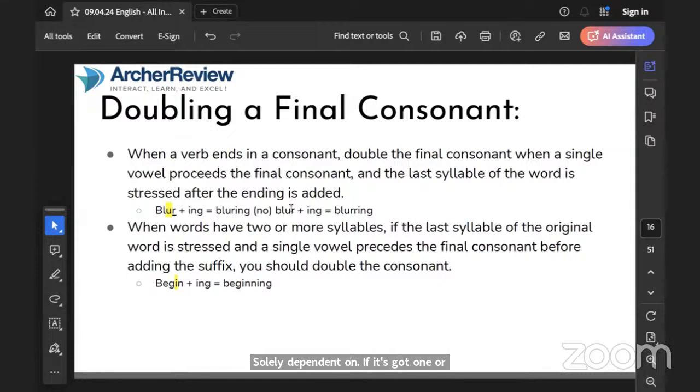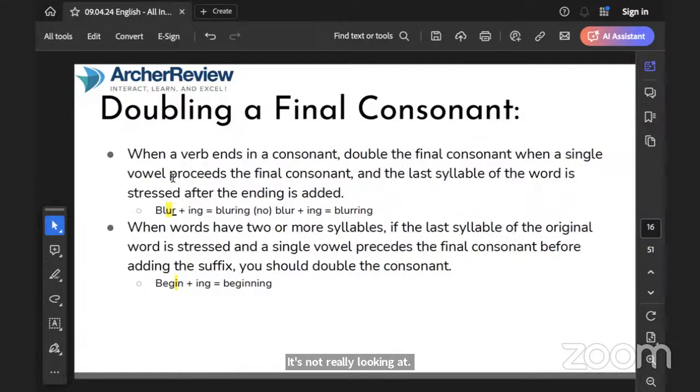It's really based off the fact that this one is a verb. However, the second one is if you have any words that have two or more syllables and you're trying to figure out if you're going to double the consonant. But again, it's typically going to be verbs here.